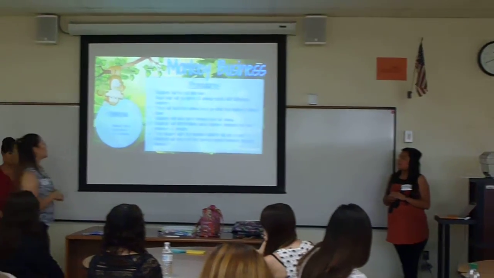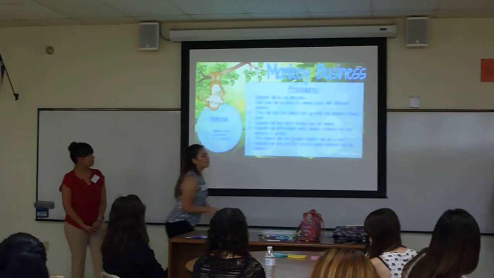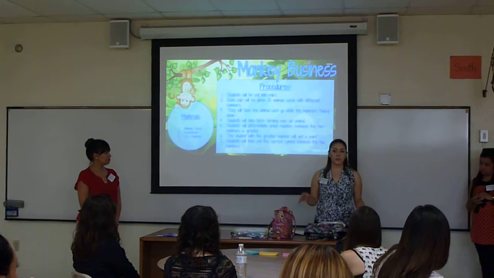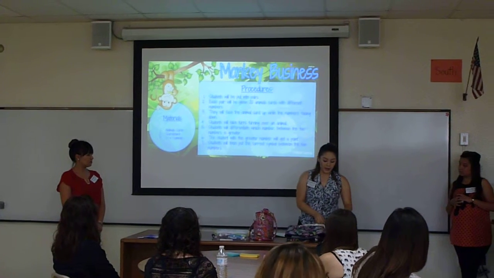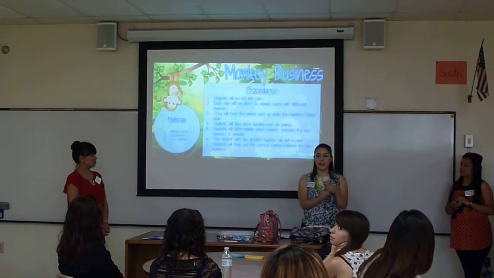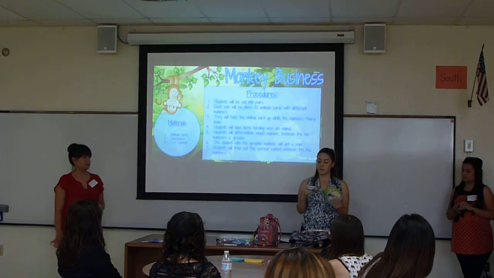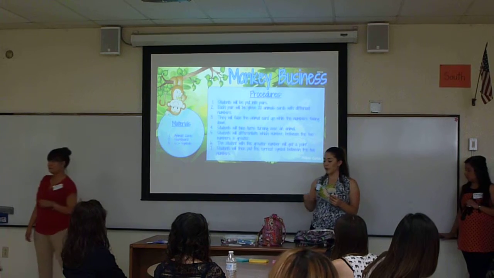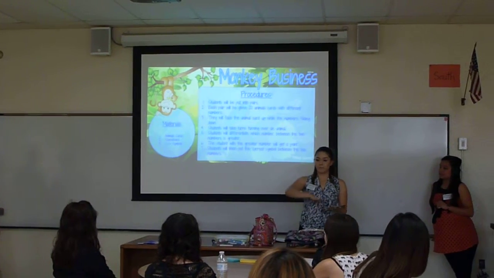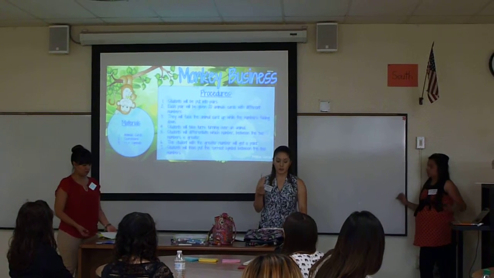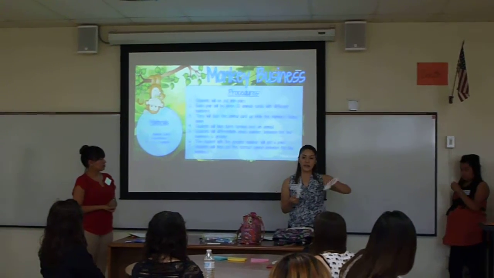Okay, the next one is monkey business. It's going to turn into a little game. The students will be in pairs, and as they're in pairs, they're going to have these animals facing down, but each animal has a number, 1 through 25, and then they're going to be in partners. So it's going to be scattered all over the table, and they'll flip a number over, 24, and then they'll flip another one, 11.